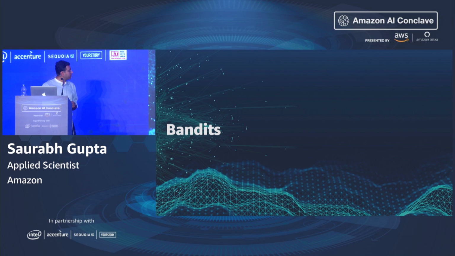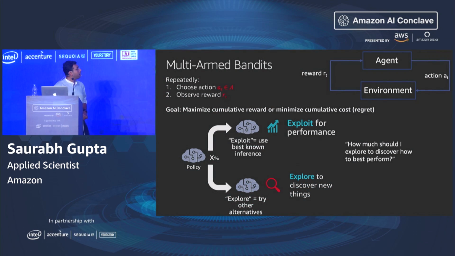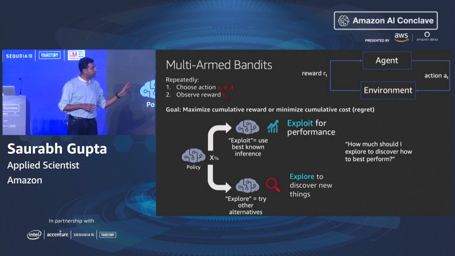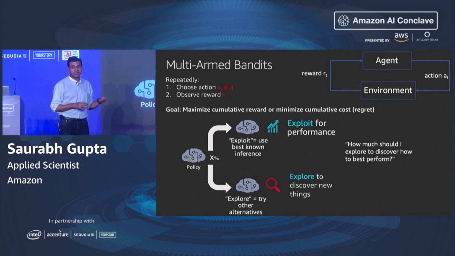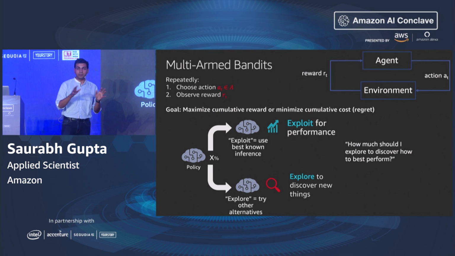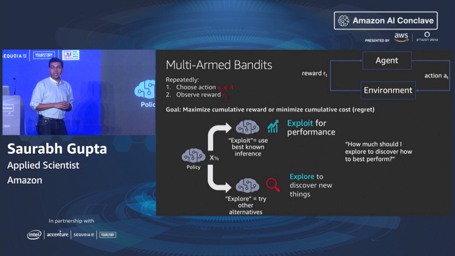Okay, so let me start with bandits. Bandits provide a very good mathematical framework, which looks like this. We have an agent, which is the brains, the main algorithm, and then we have an environment. The agent keeps interacting with this environment by taking certain actions from an action set, which might be fixed or dynamic. At every time step, it takes an action, and it gets a reward for the corresponding action.